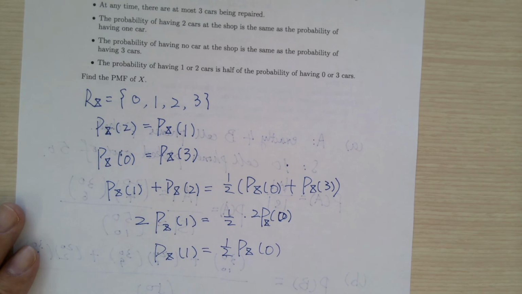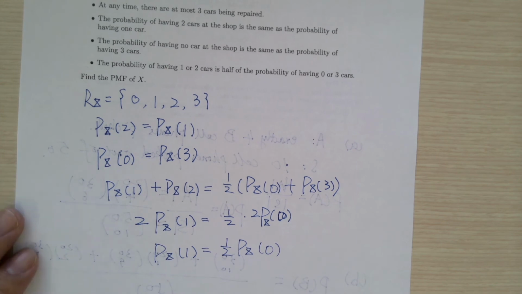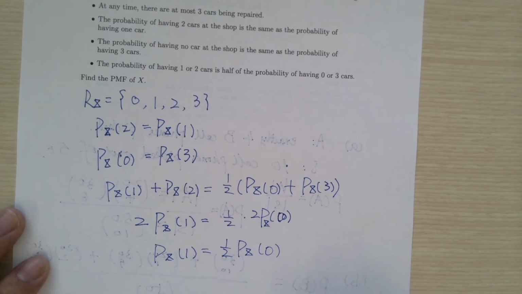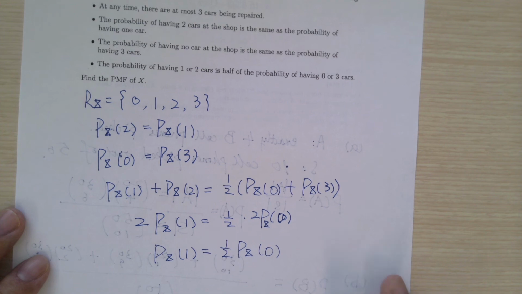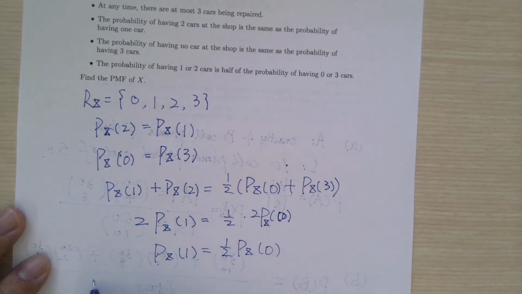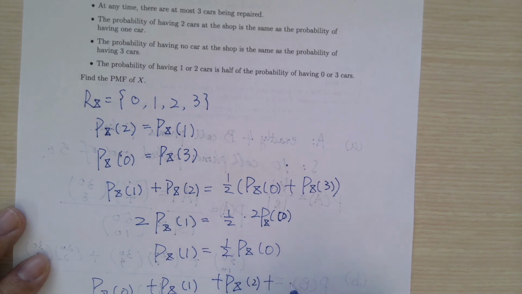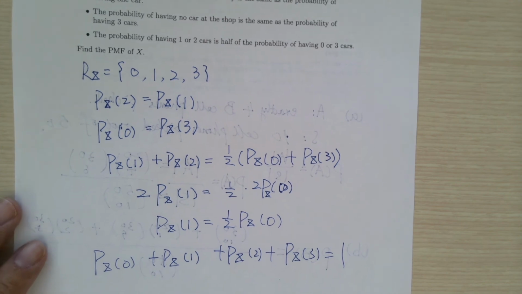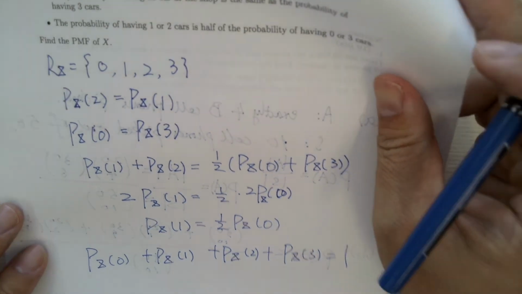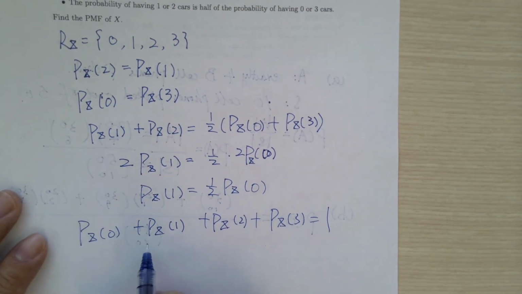That's the relationship. Since the summation of all these probabilities is going to equal 1, right? So it's P0 plus P1 plus P2 plus P3 equals 1 here.